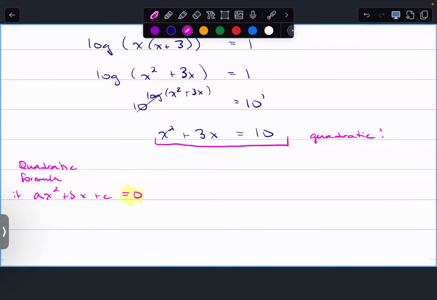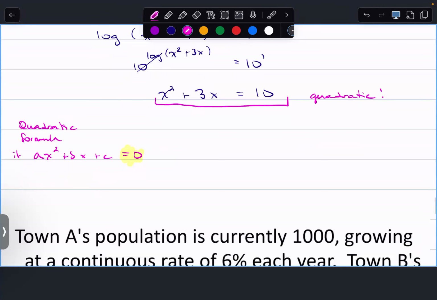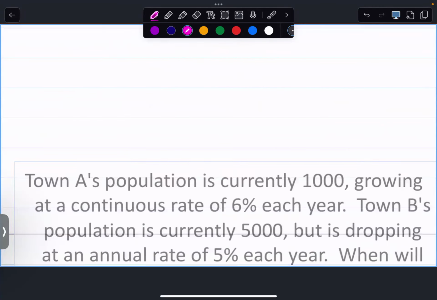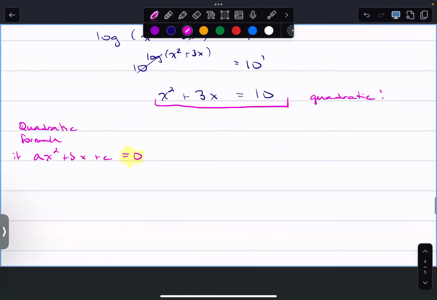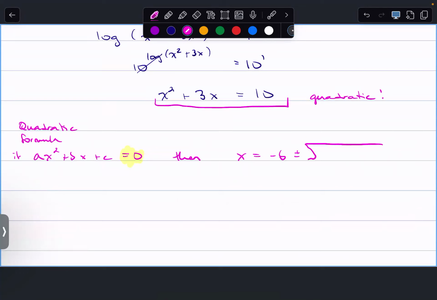So if ax squared plus bx plus c is equal to 0, how do I solve for x? x is negative b plus or minus the square root of b squared minus 4ac, over 2a.